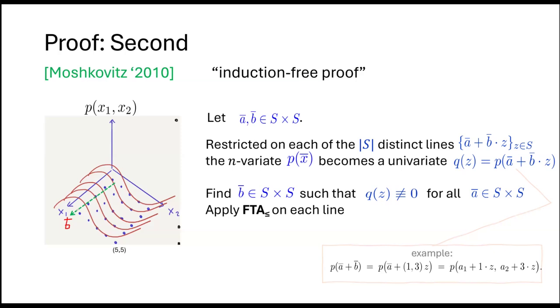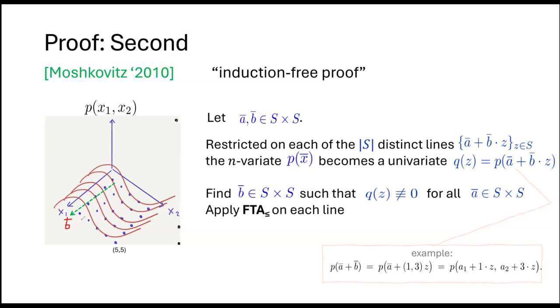If we make sure that B is such that for any choice of A from S times S, for any offset, Q of Z is not equal to 0, then our polynomial P restricted to this line is, by assumption, a non-zero polynomial, and so by FTA, the fundamental theorem of algebra, we know that its degree is at most d, so on this line there are at most d roots.